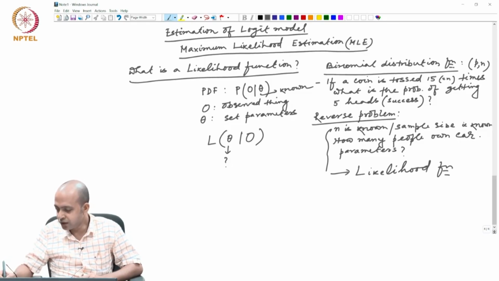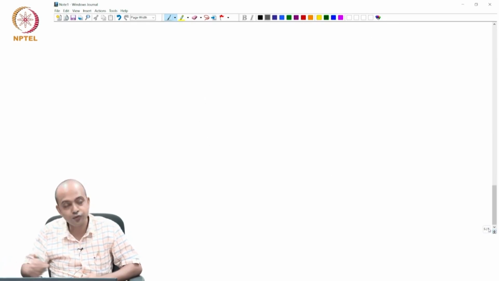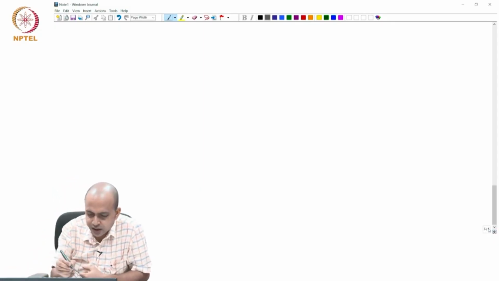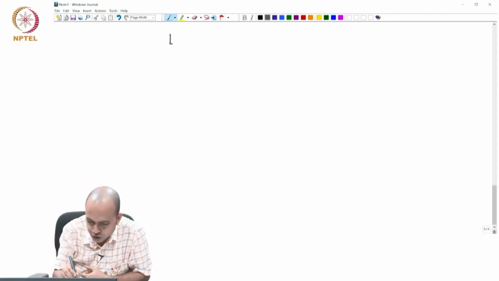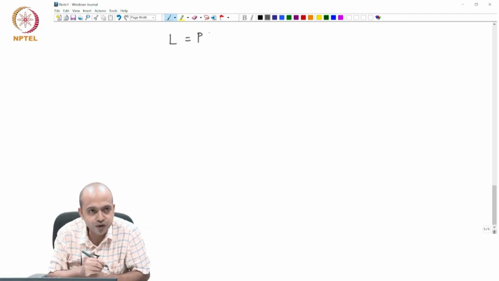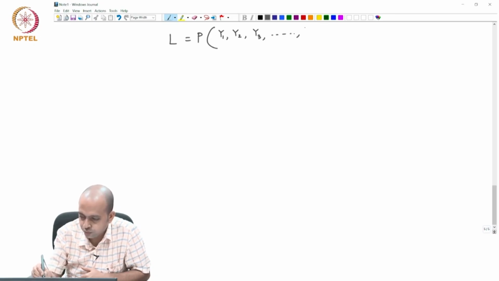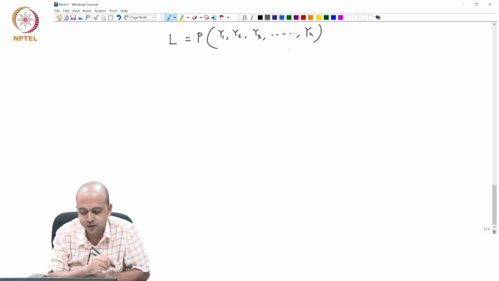Now, how will you apply this likelihood function in the context of logit model estimation? Let us say that the likelihood function is L, denoted as the probability of observing a sample. As you know, the probability of observing a sample means the probability of observing y1, the probability of observing y2, the probability of observing y3, dot dot dot, the probability of observing yn.